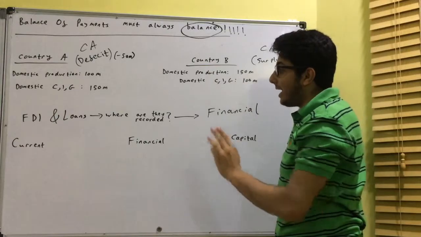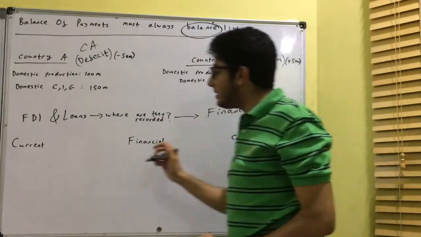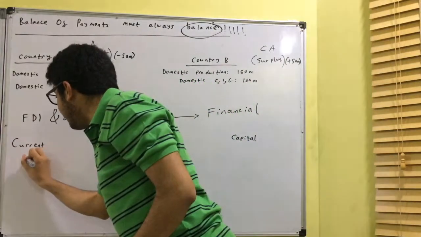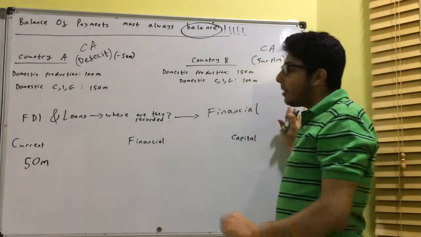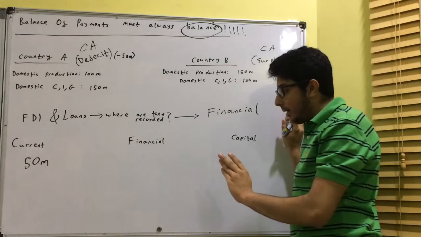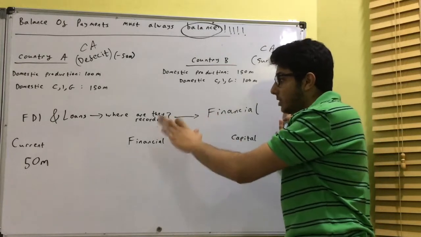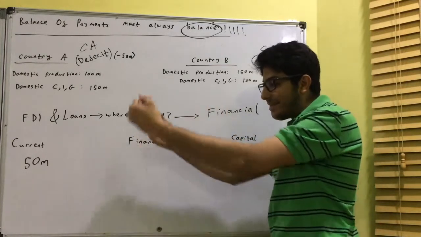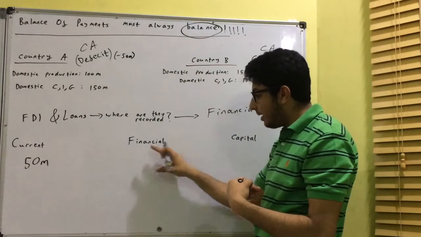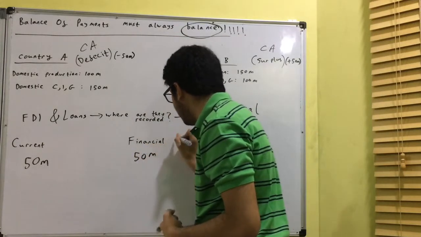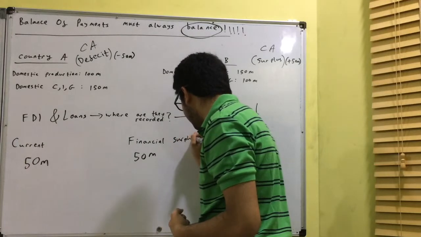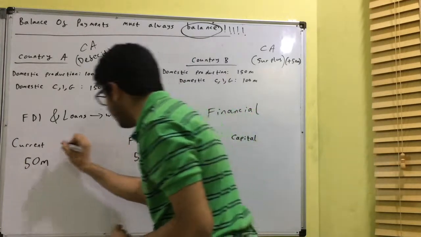So country A has a current account deficit of 50 million. But now, because the FDI and loans are coming from country B and they're an inflow into country A in the financial account, we have a financial account surplus for country A.